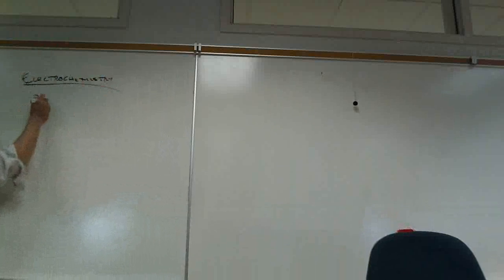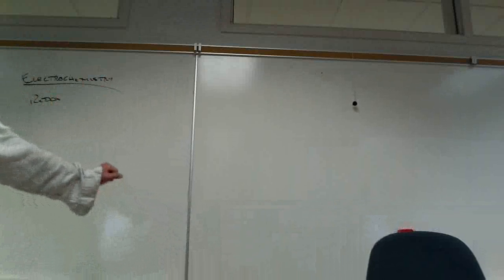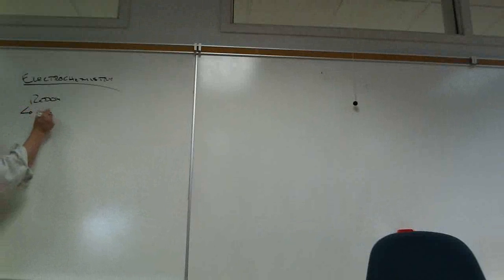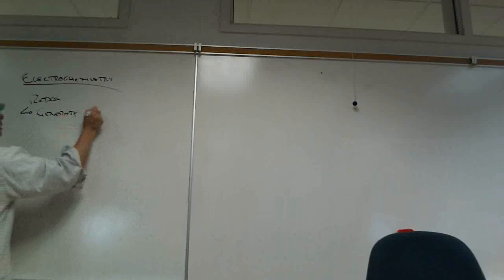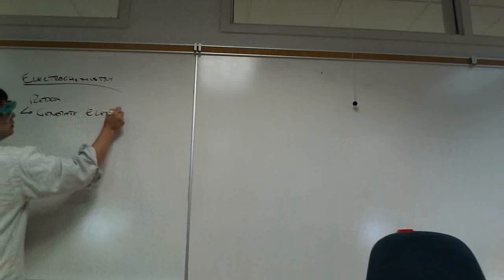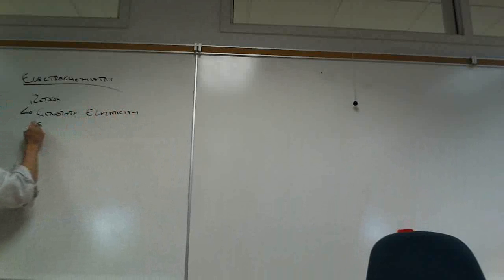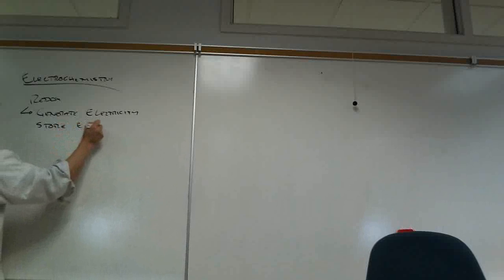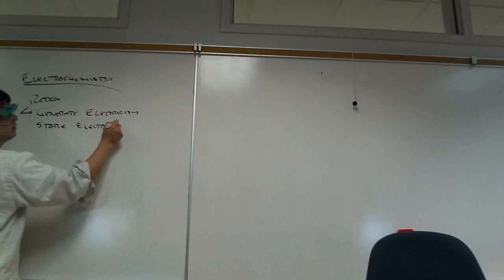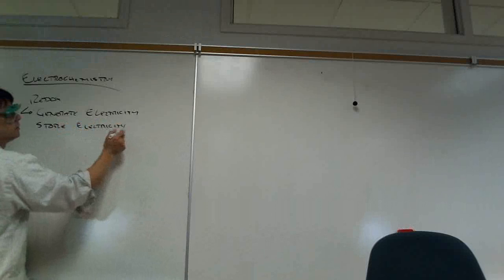Electrochemistry deals with redox reactions, and redox reactions we can use to generate or store electricity. When I say electricity, I'm talking about energy, you know, chemical potential energy that can be converted into electricity.